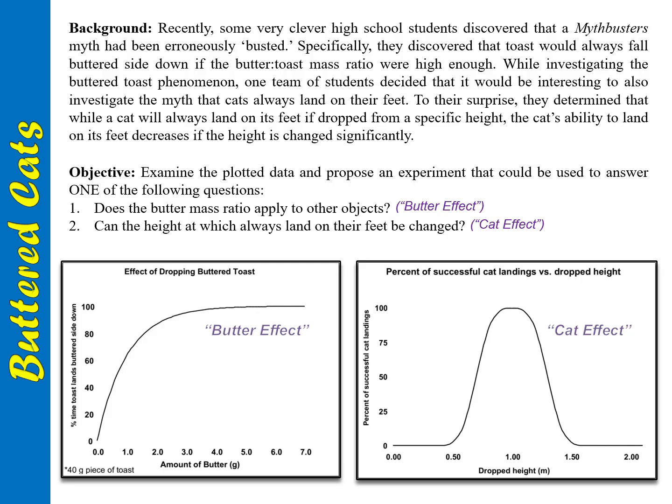Because now the butter effect is correcting for the cat effect. So they design their hypothesis, design a step-by-step procedure, predict the results, and then they have to answer some follow-up questions, which is actually the real graded part of the assignment.